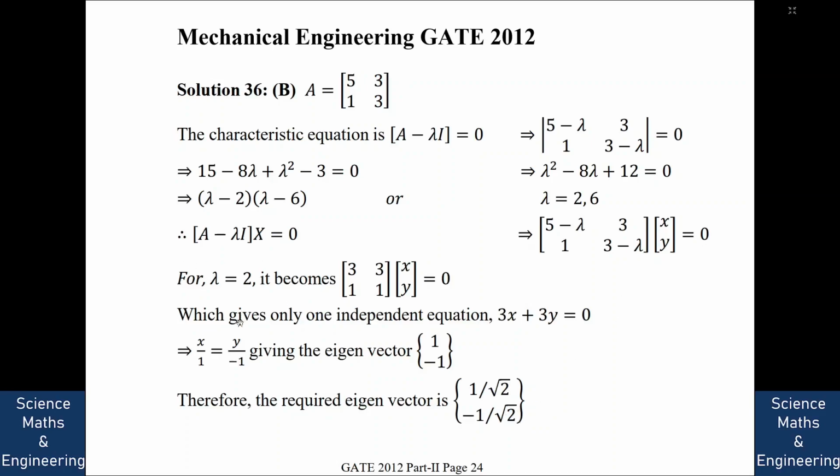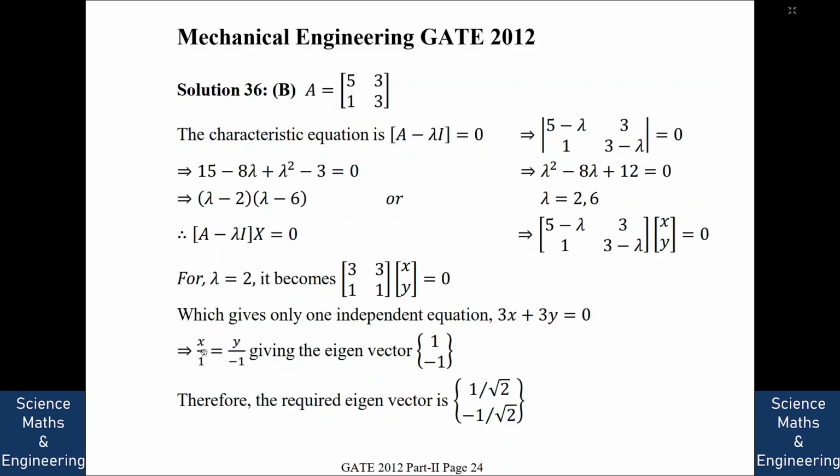Now see, if we put lambda equal to 6, then we get minus 1, 3, 1, minus 3. So again it will be 1, 3 and it will be minus 1 and 3. So it is like minus x plus 3y equal to 0.